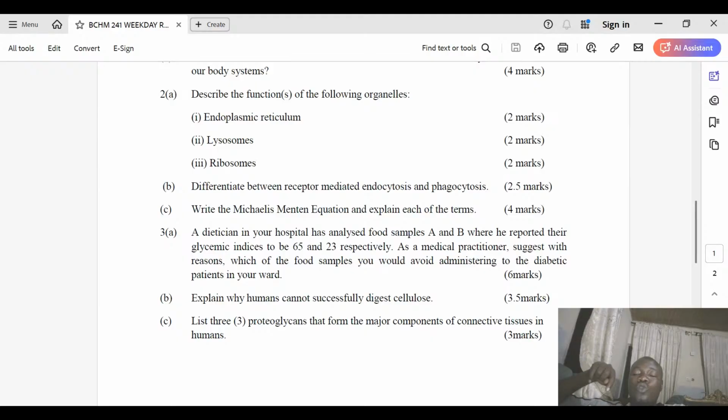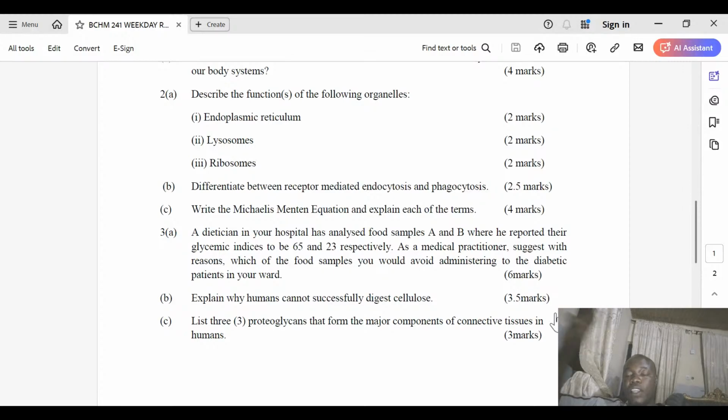So it will reach a level where there is no available active site for the substrate to bind. And that is when the maximum velocity will be attained. That is Vmax. So Vmax stands for maximum velocity. That is when the velocity is at peak.